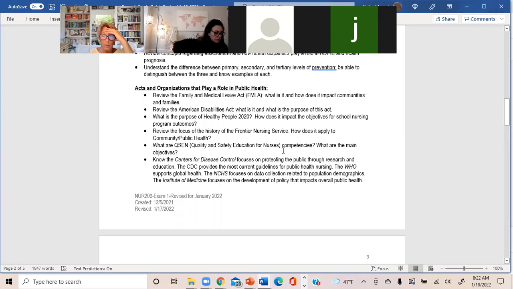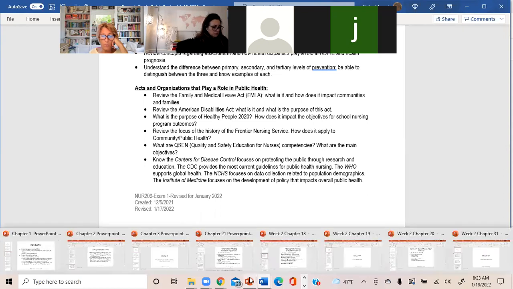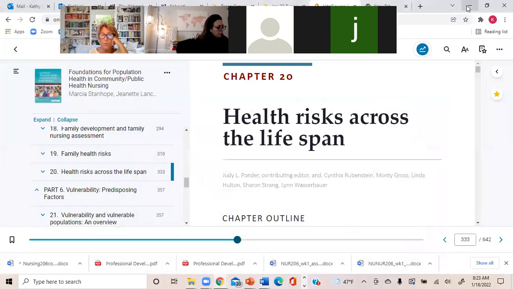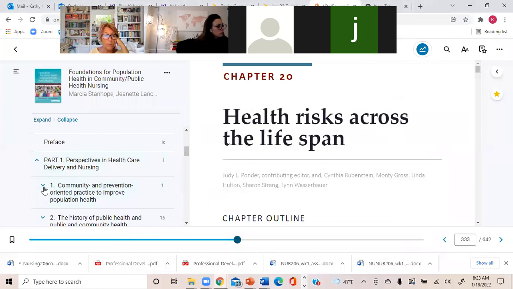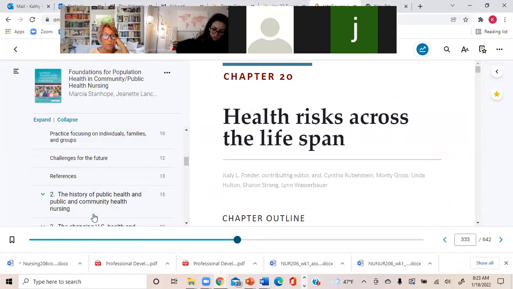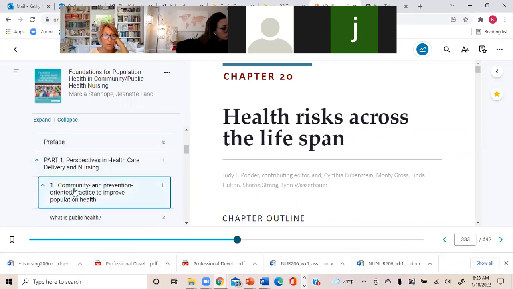What are the main objectives? That is in, oh boy, where was that? There's a whole box that I highlighted about that. Let's go back real quick. Where am I trying to go? It's in the book. I think it's in here.